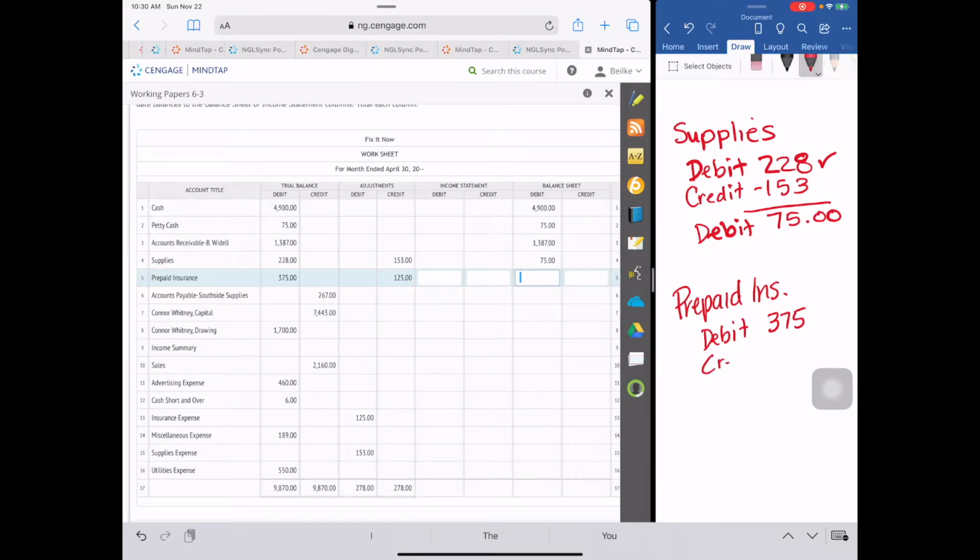It has a credit in the adjustments column of $125. Again, since they are opposite, we must subtract, and we come up with $250. Debit is larger than the credit, so it has to be a debit of $250.